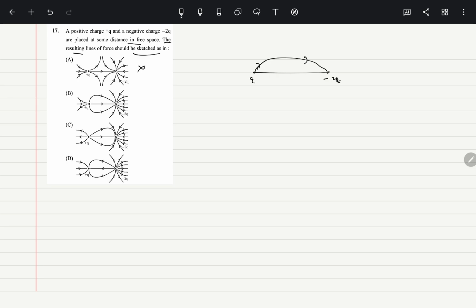Out of B, C, D, you see the arrow. In option D, the arrow is like this one, so that is also wrong. The line starts from the positive charge and terminates at the minus 2q charge. Now out of these two, only the middle shape is different.